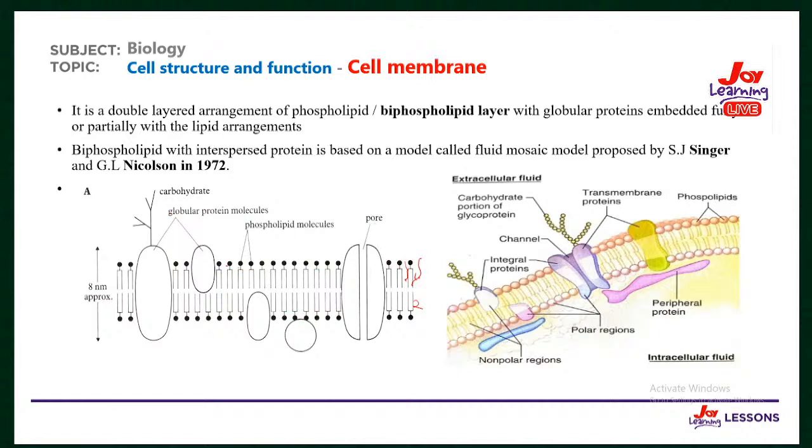Then in between the phospholipid bilayer, we have immersed or interspersed with it some round structures you see on your screen on your left, which we call the globular protein molecules. Usually, the lipid allows substances that can pass through lipids to pass there. That's the non-polar substances.